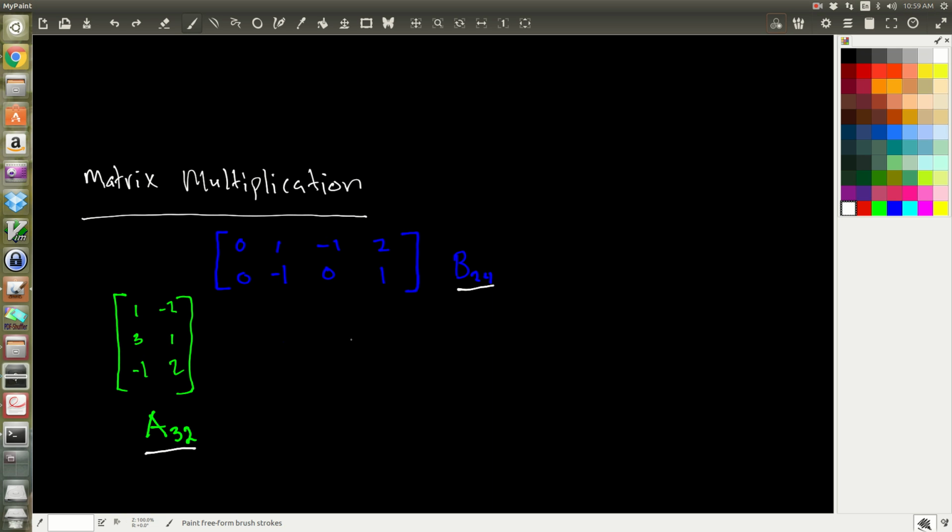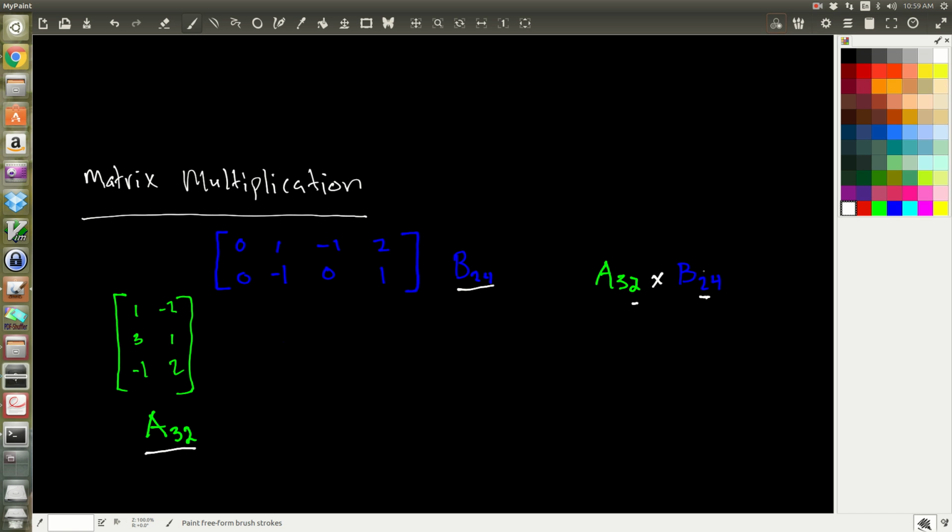Now when you multiply two matrices together, their dimensions, meaning the number of rows and the number of columns, have to obey a certain rule, and that is the inner dimensions. So if I take A 3, 2 and I multiply it by B 2, 4, the inner dimensions are these dimensions, the 2 and the 2.